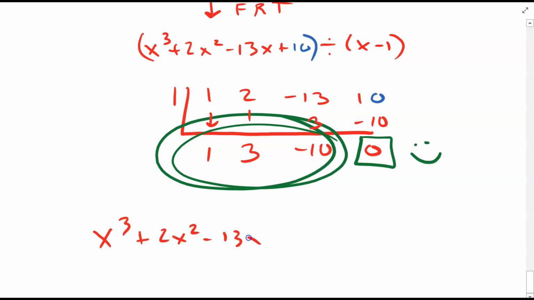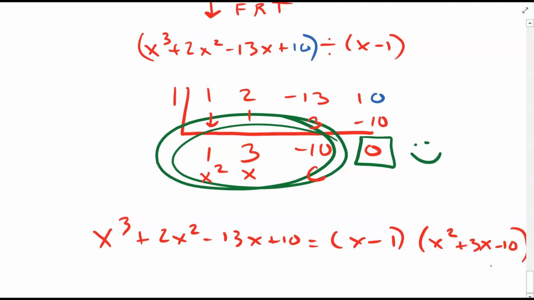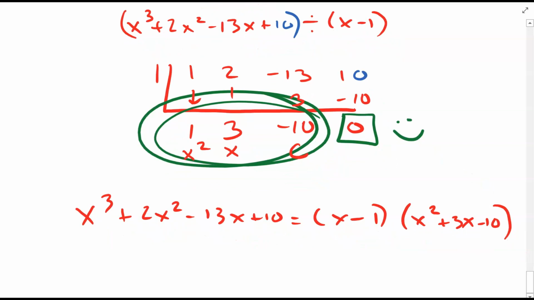So after doing this division, I can say that x cubed plus 2x squared minus 13x plus 10 factors to x minus 1 times the quadratic with the constant, x coefficient, and x squared coefficient from the division.